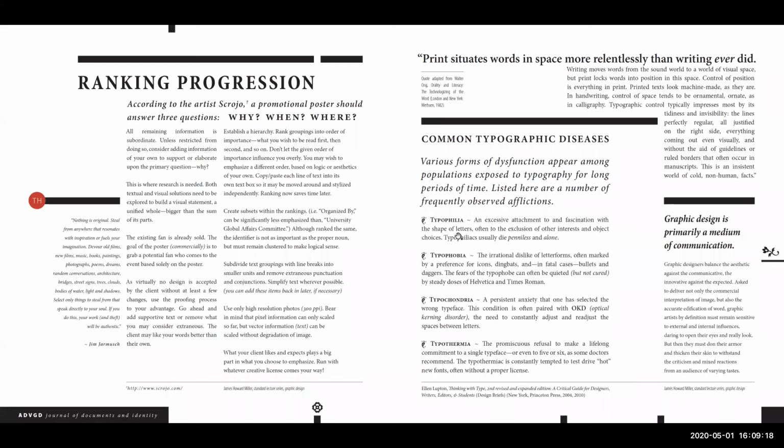These words, typophilia, typophobia, typochondria, and typothermia, those happen to be rendered in small caps, like that list that I sent you and in the instructions. And that just adds a little variation. You know, I'm not saying you have to use small caps.